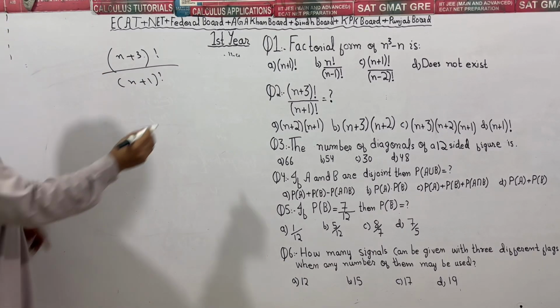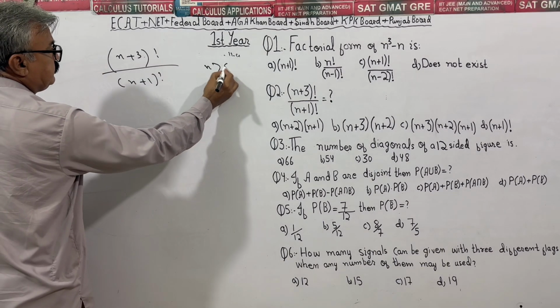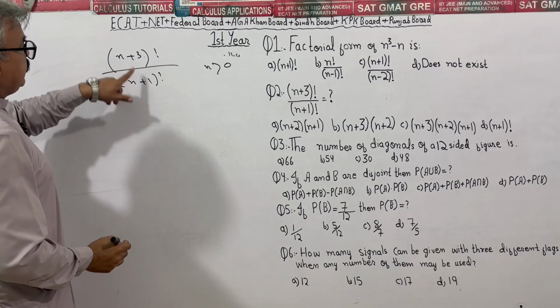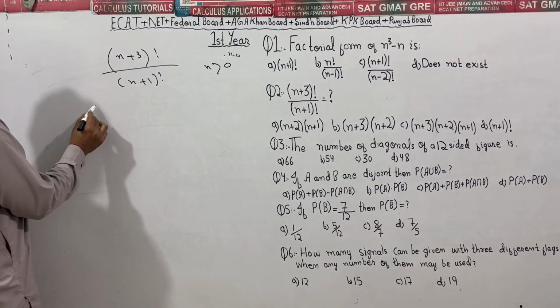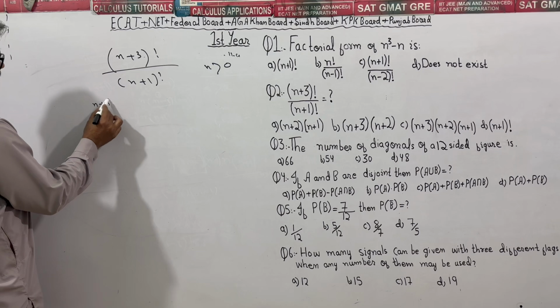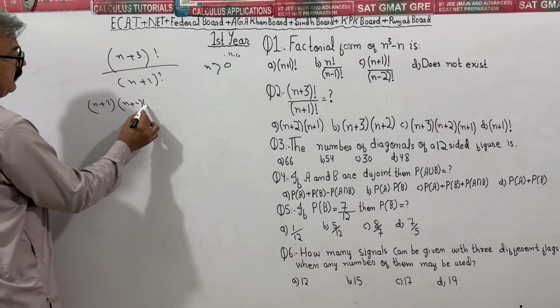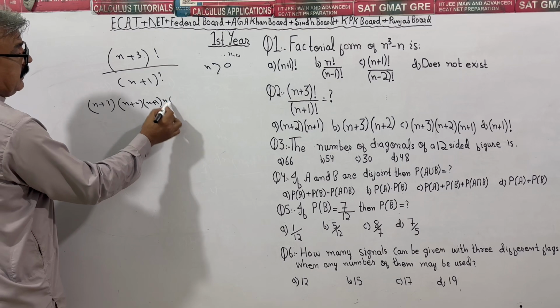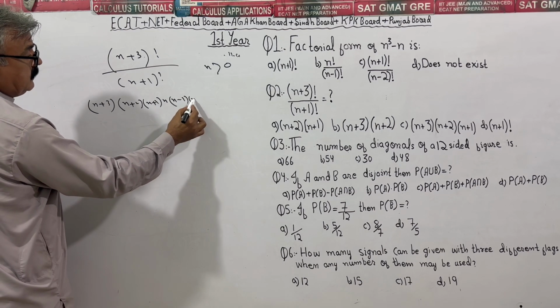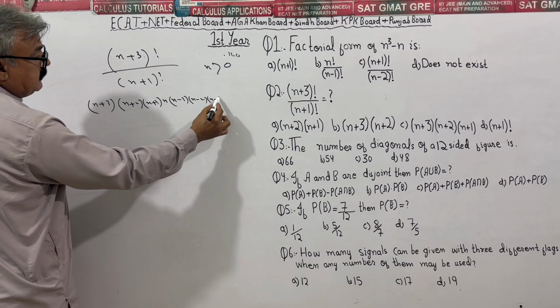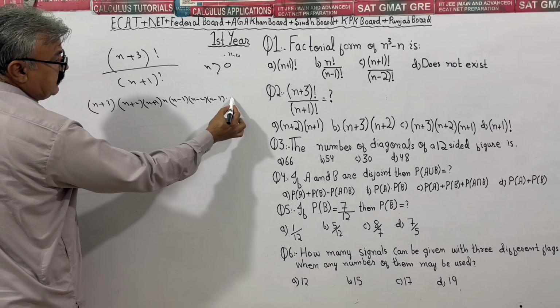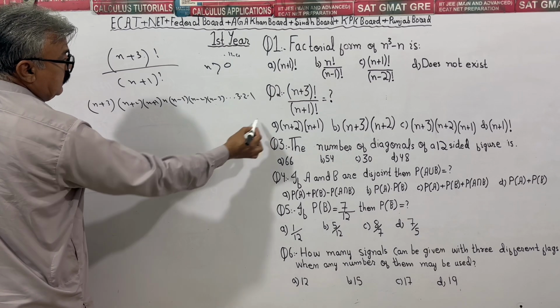Obviously n is a positive quantity greater than 0. Open up n plus 3 in descending order: n plus 2, n plus 1, n, n minus 1, n minus 2, n minus 3, dash dash dash, 3, 2, 1.